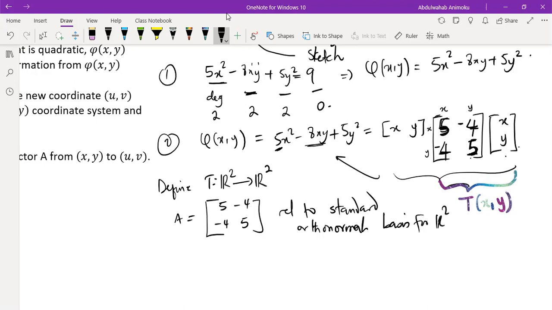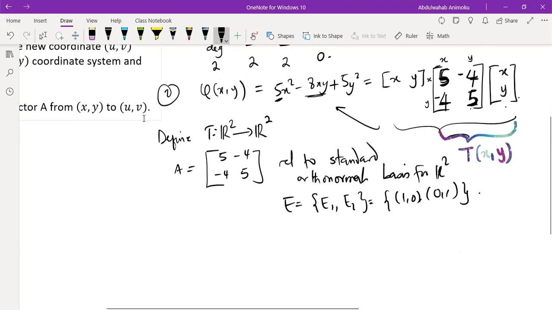And what is this orthonormal basis? We're talking about the standard basis, which is e1, e2, basically (1, 0), (0, 1). So this is how we're defining the matrix based off of this quadratic function, and it makes sense.